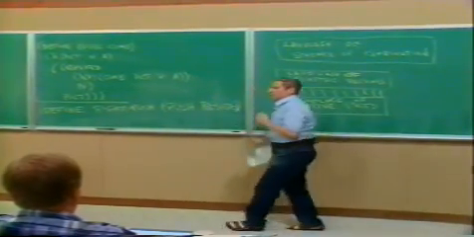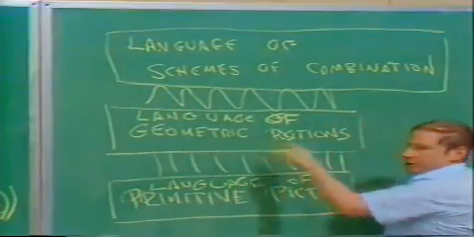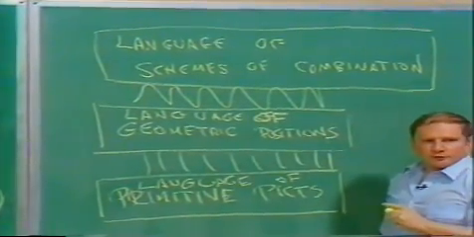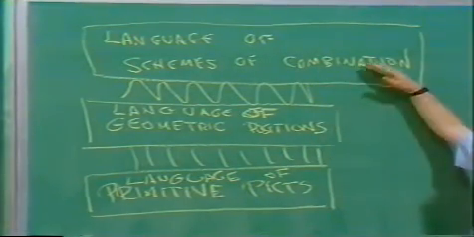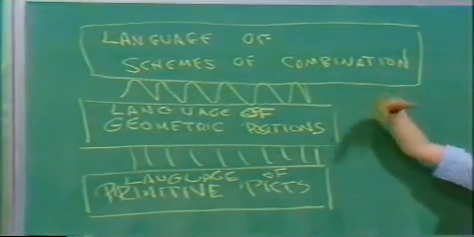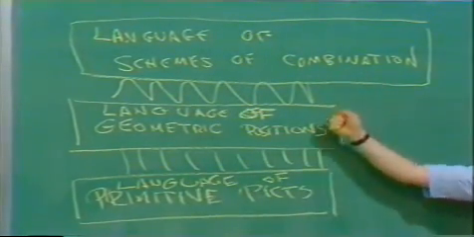And the things being discussed in that language were the things that happened down here. So what you have is, at each level, the objects that are being talked about are the things that were erected at the previous level.